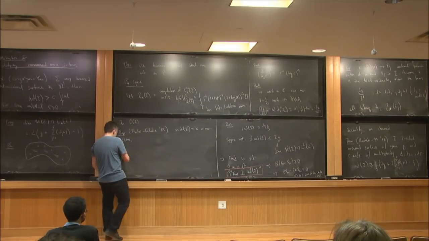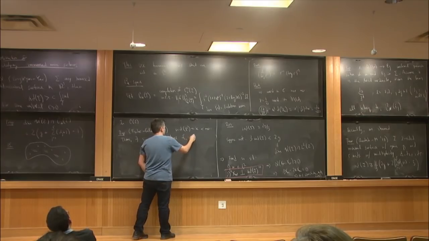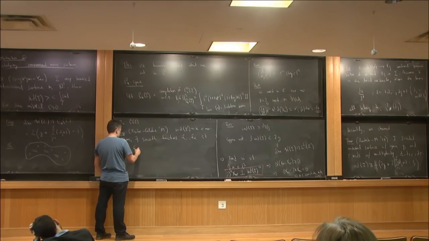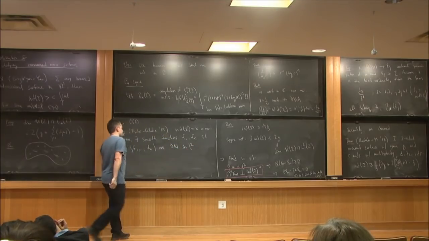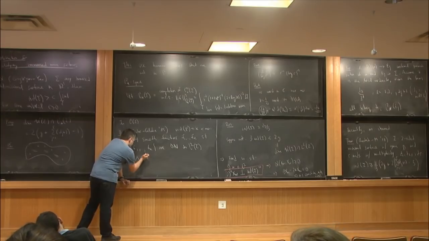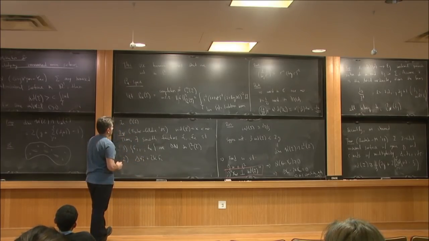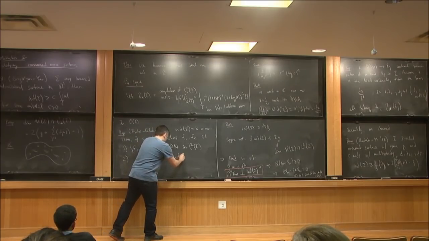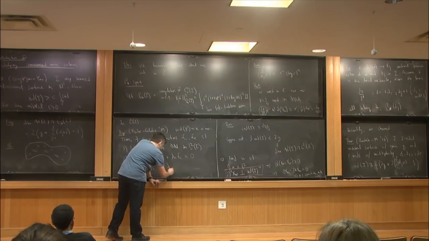If that's the case, then there exist smooth functions f_1 all the way to f_k such that, 1, they are orthonormal in L2(Σ). 2, they satisfy the eigenvalue equation, Laplacian of f_i plus |A|^2 f_i plus λ_i f_i equals 0, for some λ_1, ..., λ_k negative.